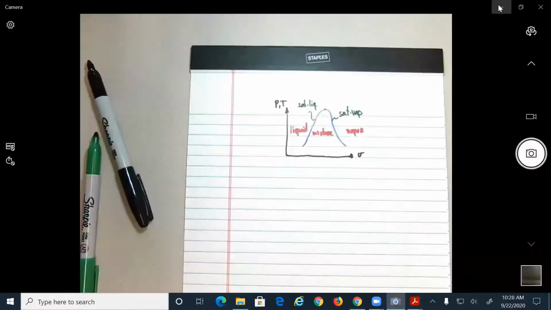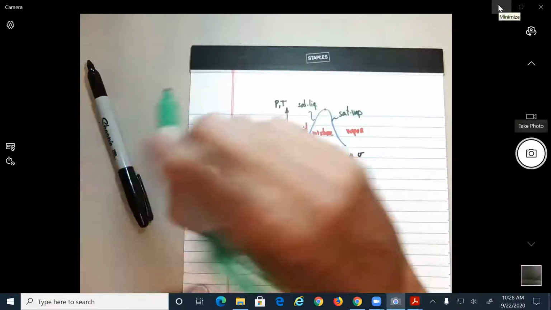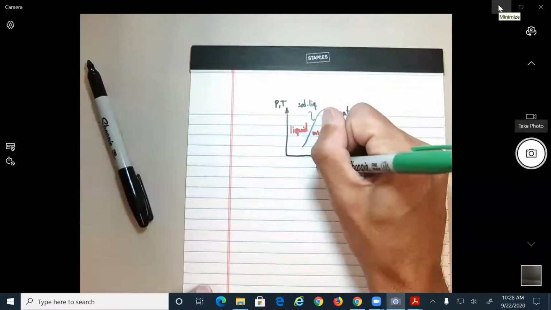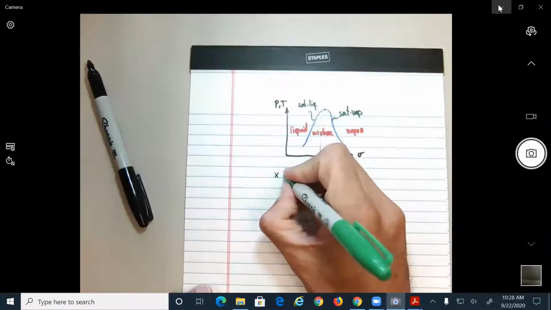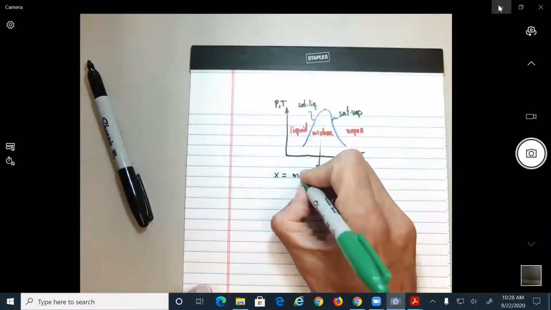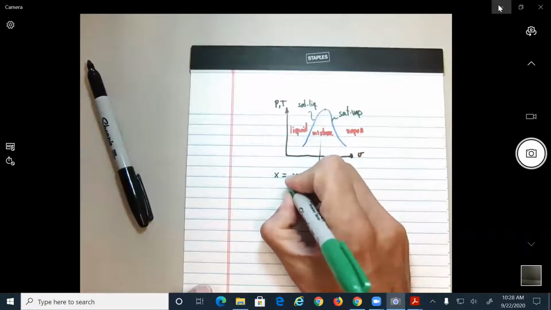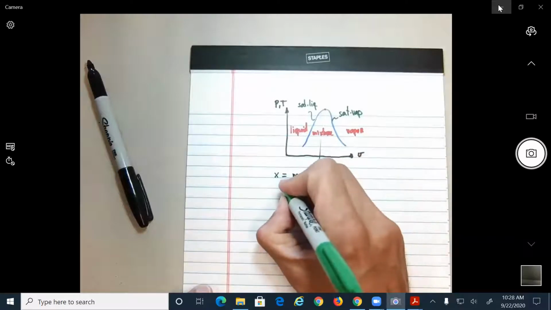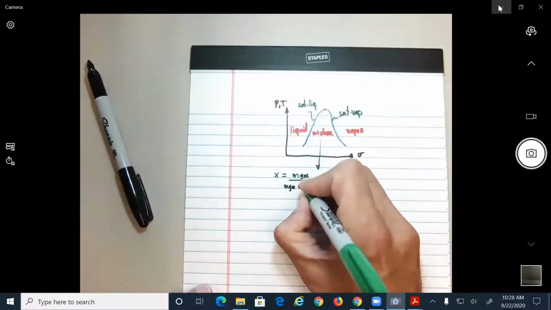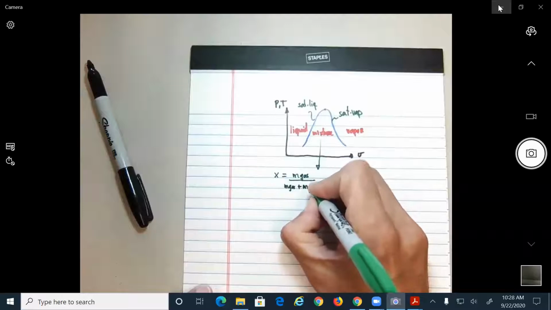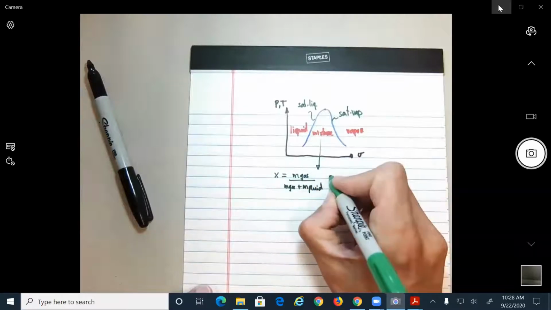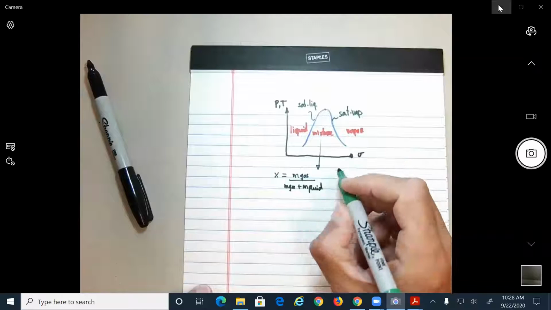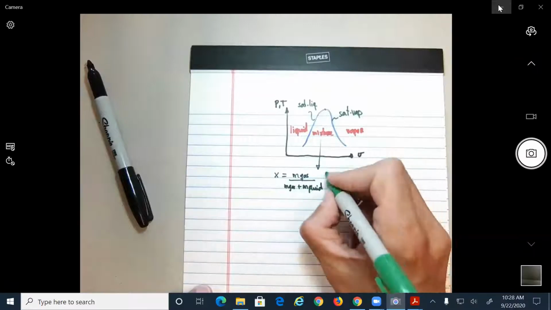So when you are in this area here, in the mixture, you have a variable X, which is defined as m gas, or m vapor, over m gas plus m fluid, or liquid. Physically it means the percentage of gas within the mixture.